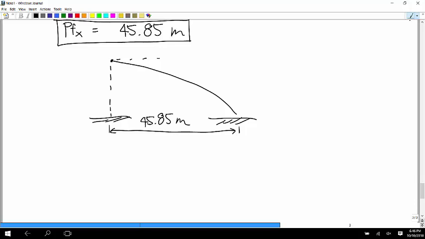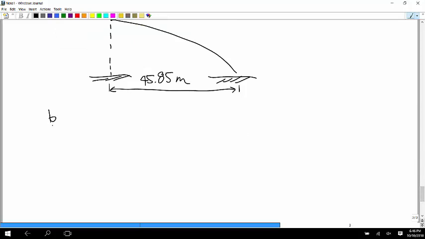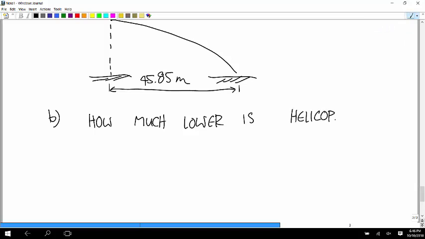So now we want to calculate in those 2.30 seconds, how much lower is the helicopter than it was before. So how much lower is the helicopter after 2.30 seconds?